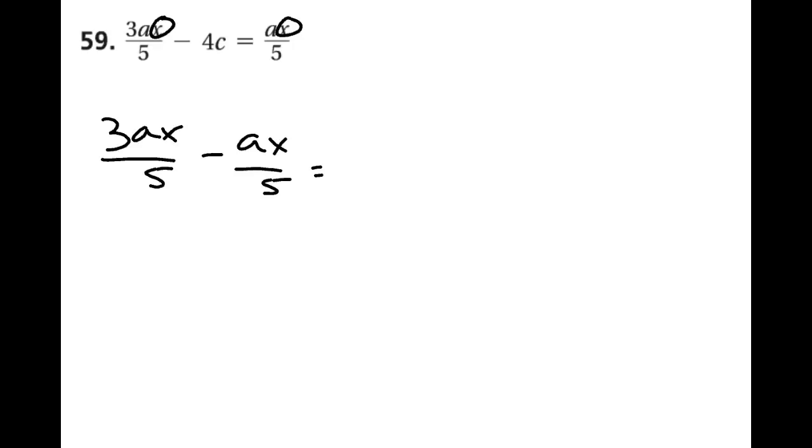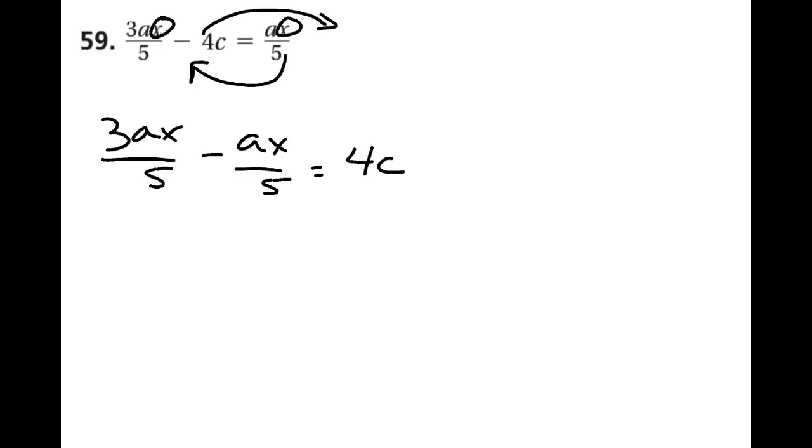Number 59, we're solving for x, so same type of deal that we did earlier here. We've got x on both sides, so I'm going to get those terms that have the x in them on the same side. So I'm going to minus that one over. I'm also going to bring the 4c over to the other side, and since it's minus 4c, I'm going to add that over.